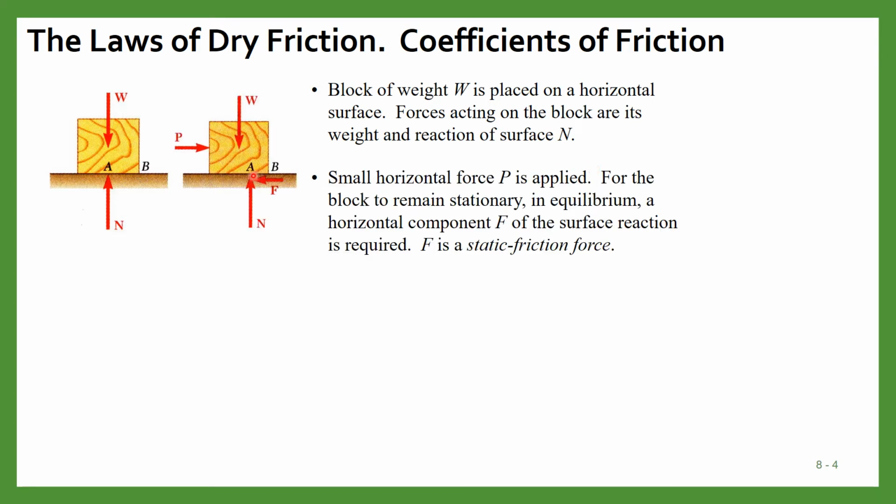Now if you apply some force on the block in the horizontal direction, but suppose that force is small so that the block will not move, it means there must be some opposite force to this F so that the block is not moving, and that is the force of static friction.